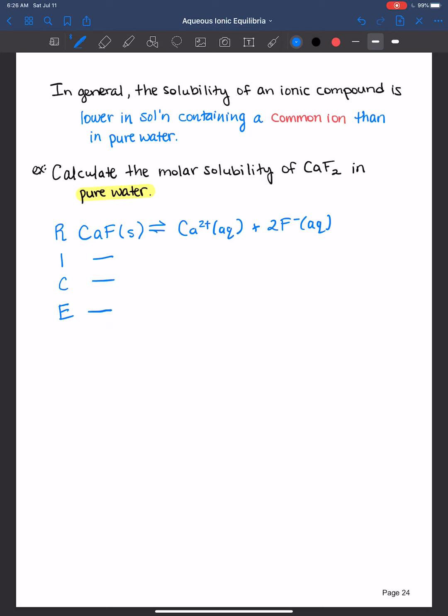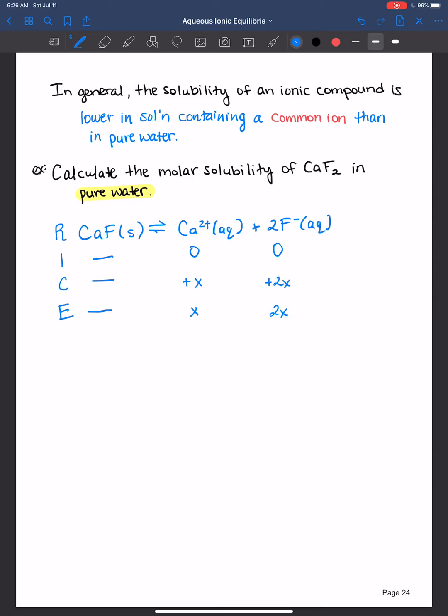If we're in pure water, we don't initially have any common ions there. Very negligible amount of calcium or fluoride, and usually you're working with deionized water for that purpose. And it increases by plus x, plus 2x, and then 0 plus x is x, 0 plus 2x is 2x.